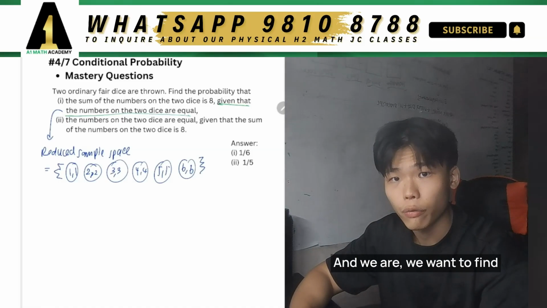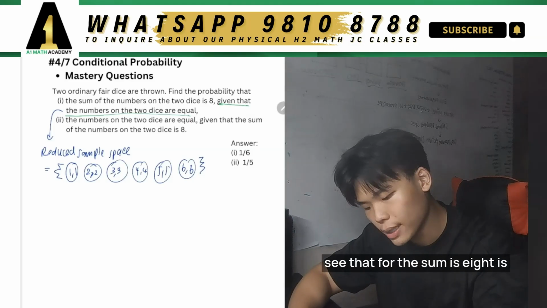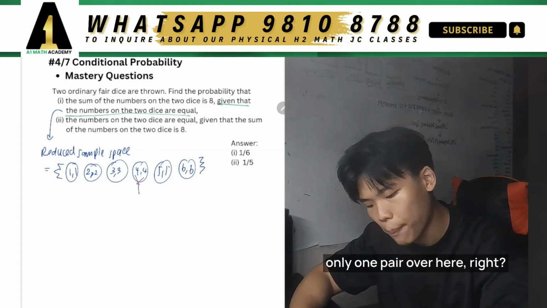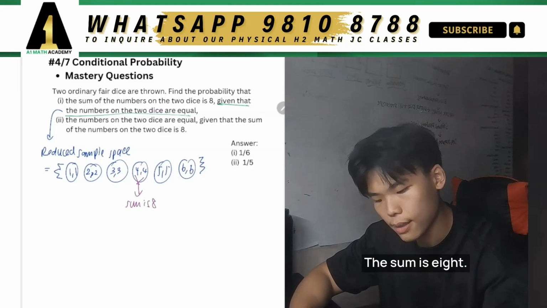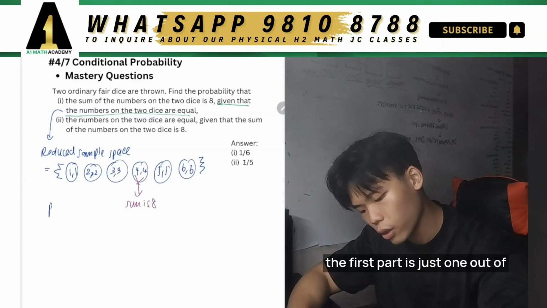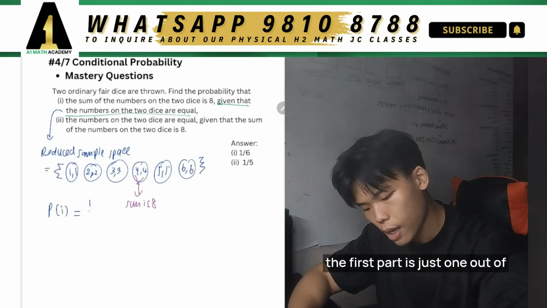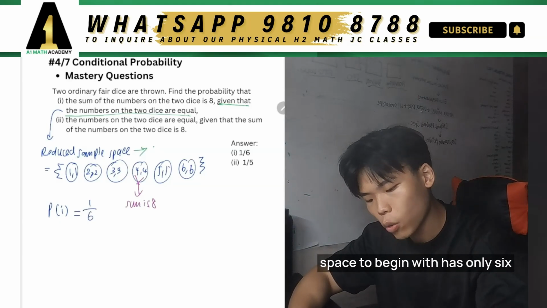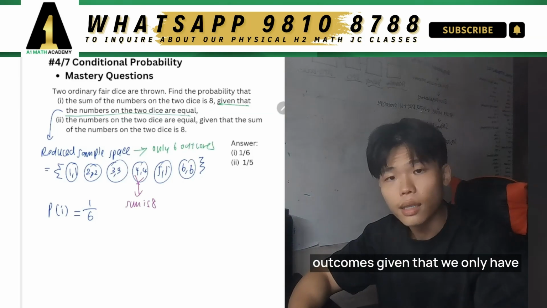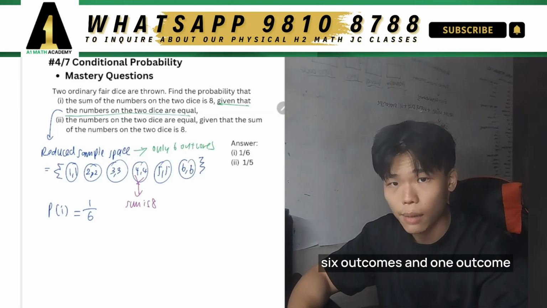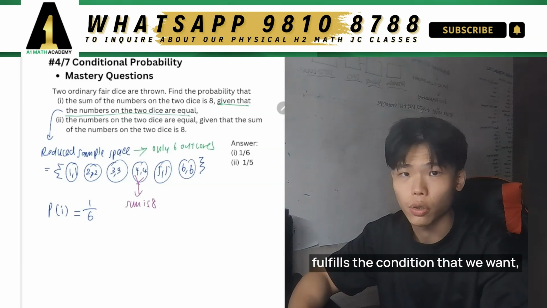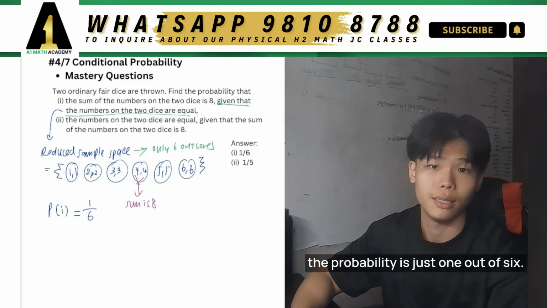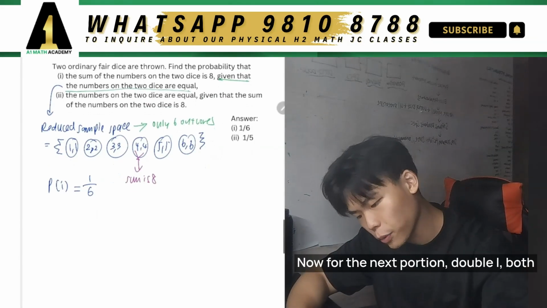And we want to find out the sum. We can see that for the sum to be 8, there is only one pair over here. Therefore, the probability for the first part is just 1 out of 6, because our reduced sample space to begin with has only 6 outcomes, and 1 outcome fulfills the condition that we want.